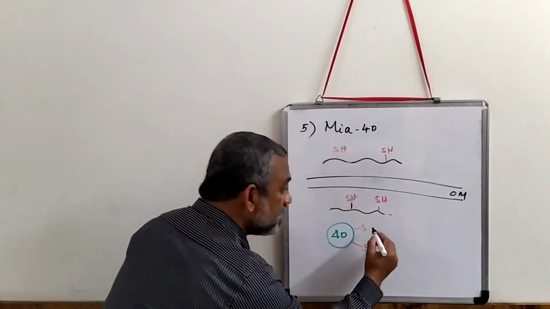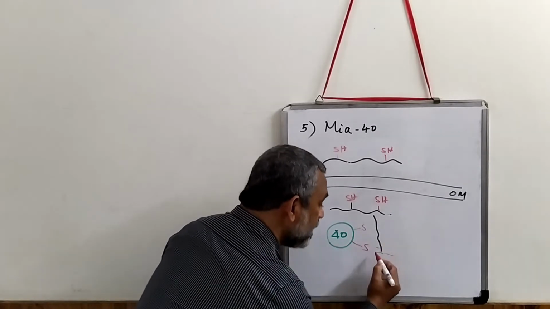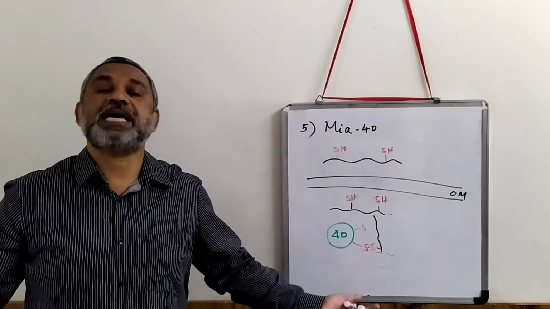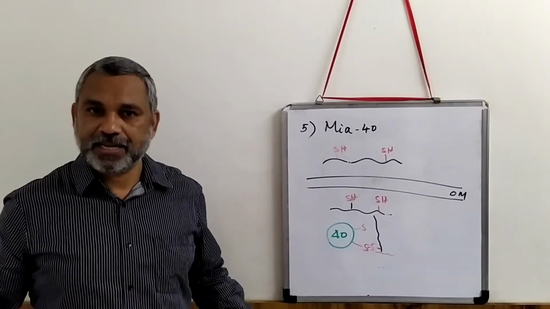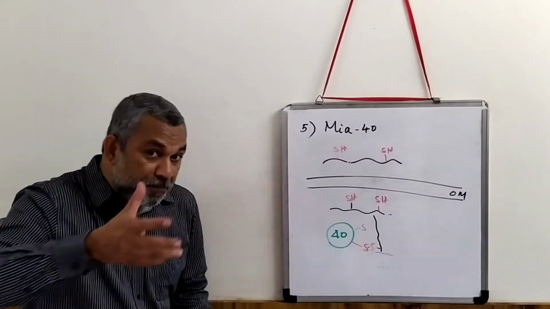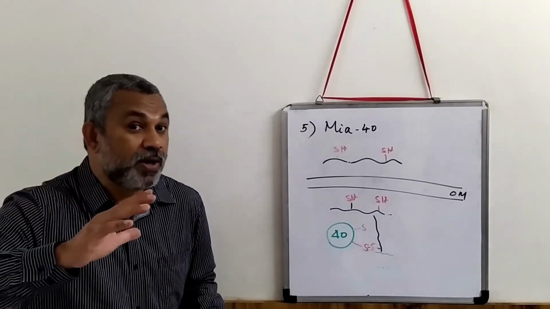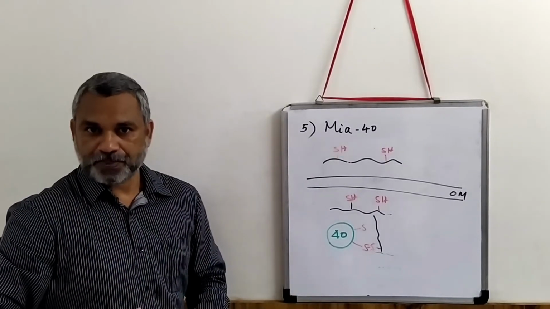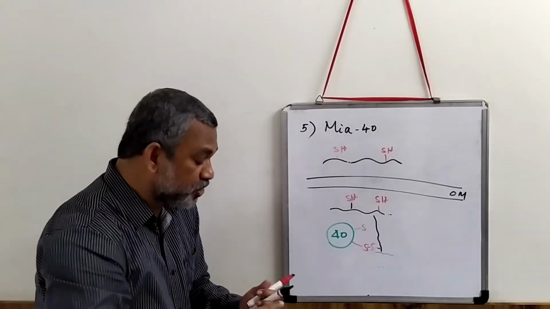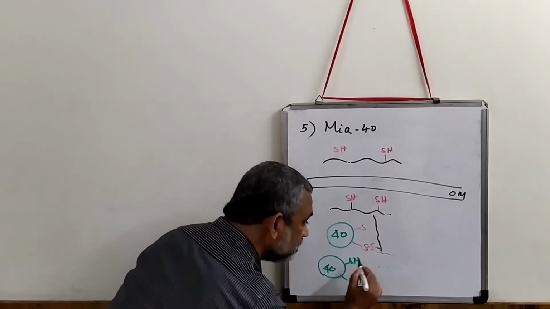As soon as this protein comes, it forms a disulfide bond. It oxidizes the protein that is brought inside. Once it is oxidizing, the MIA protein is now undergoing a change from oxidized to reduced form. In the process, it becomes SH and SH.